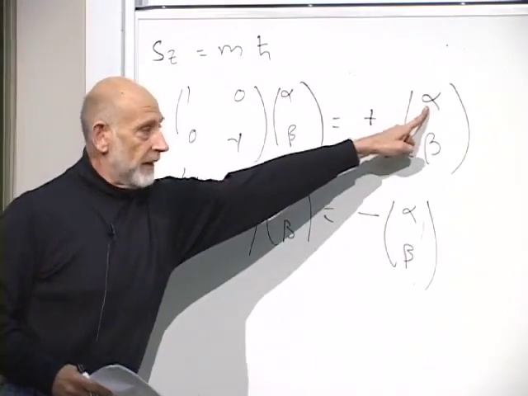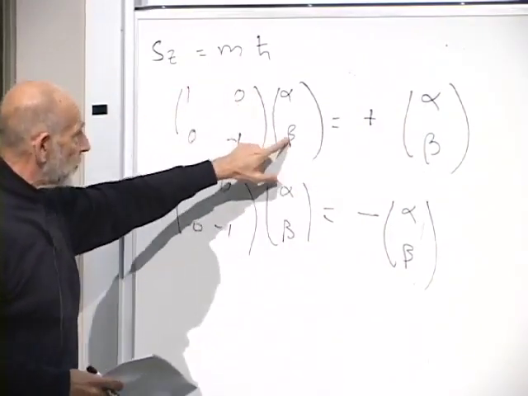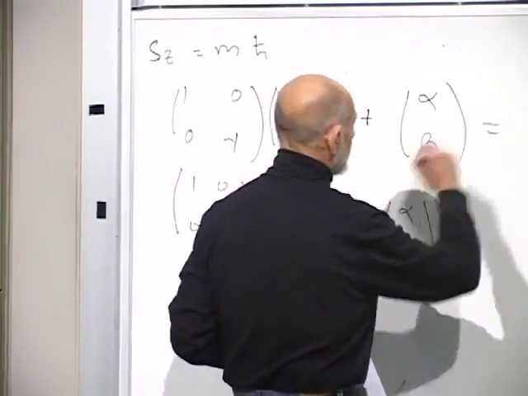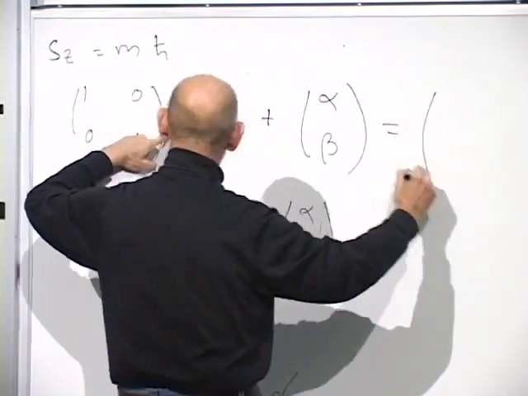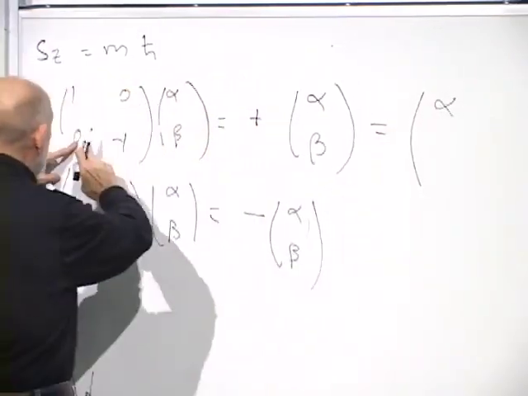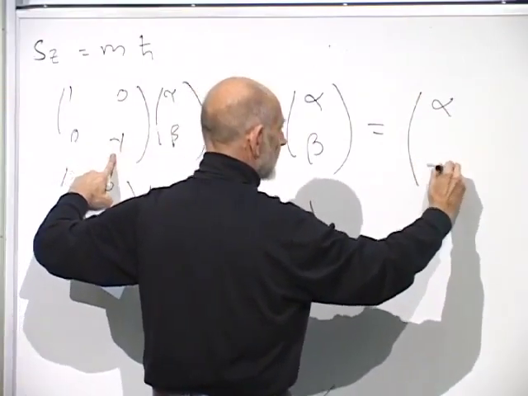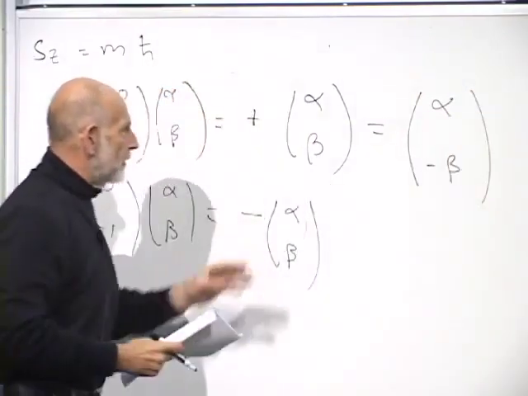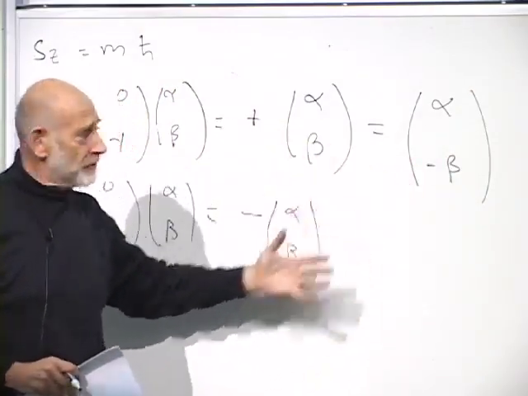The top entry here by matrix multiplication is 1 times alpha plus 0 times beta. Just multiplying out the matrices, this is going to be 1 times alpha plus 0 times beta in the top, and 0 times alpha and minus beta in the bottom. Well, obviously this is not equal to this unless beta is 0.